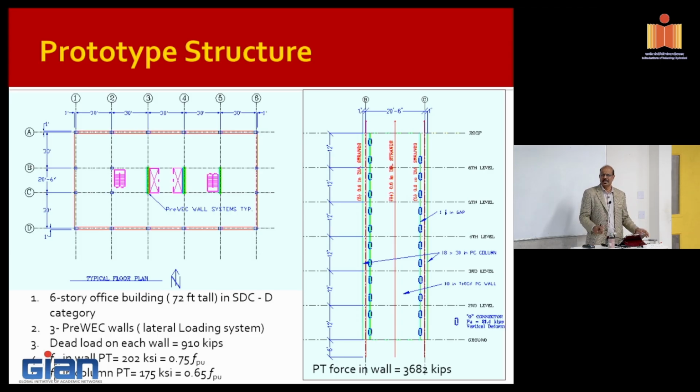I think that's one area worth pursuing, but because of limited application, I'm not really excited about moving in that direction, like U-shaped or T-shaped walls. How do you establish a connection? If it's rectangular pieces, how would you establish the connections and the energy dissipation? That area has not been looked at. So typically if you're putting in walls, they are individual rectangular walls, which is what precasters tend to do.